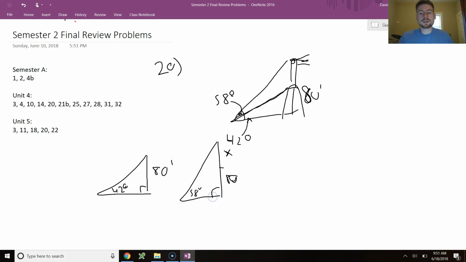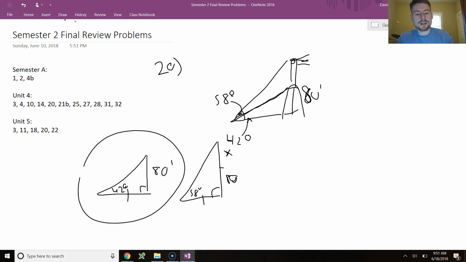And because we haven't moved ourselves at all, we know that the bottom side of both of these right triangles are congruent, that they're the same length. So we can figure out the bottom side from this triangle, and then when we know that side, we can put it into this one to find the long side of the other right triangle and subtract off 80 to get x. Okay?